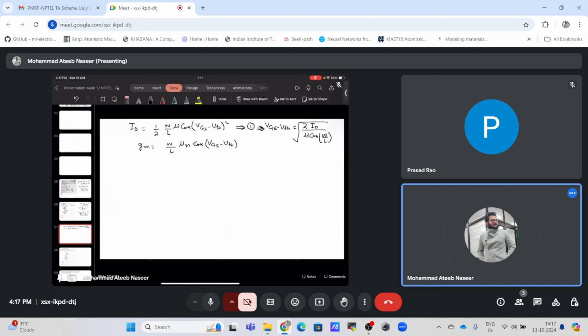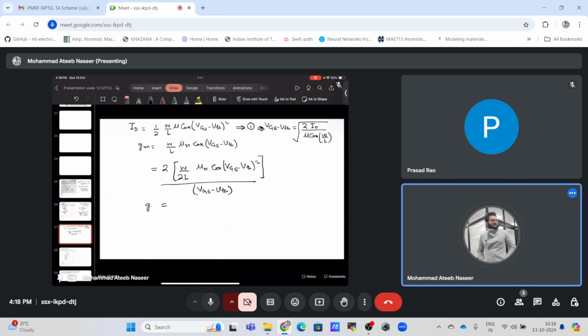If I multiply and divide gm by 2, and also multiply by VGS minus VTH and divide by VGS minus VTH, what I will get is ID.